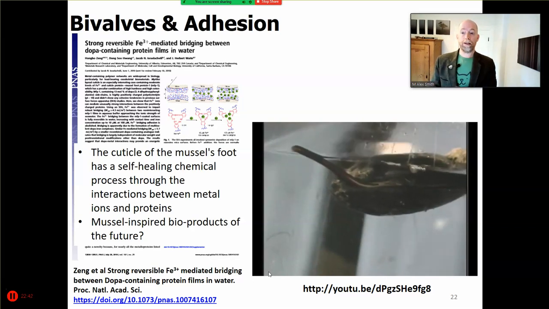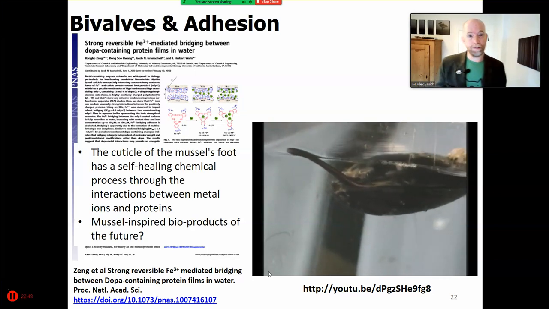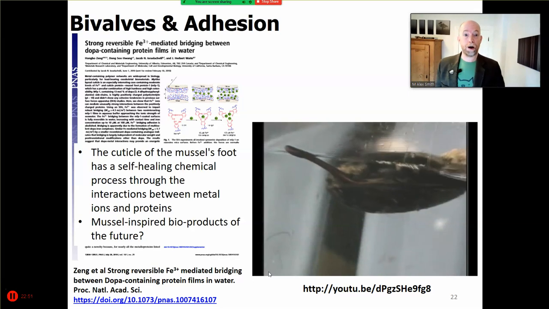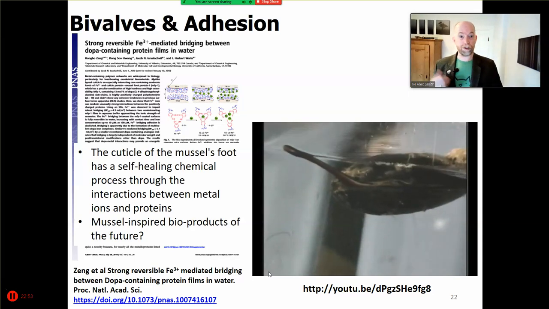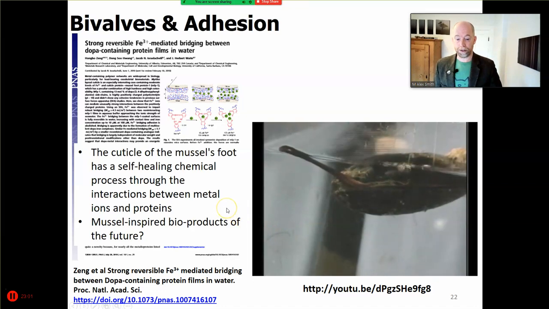So a self-healing process that involves metal ions and proteins that are all about how that mussel is keeping it attached to otherwise very slippery surfaces, in this case not pocked or creviced at all, like this bit of aquarium glass that you're seeing in the video.